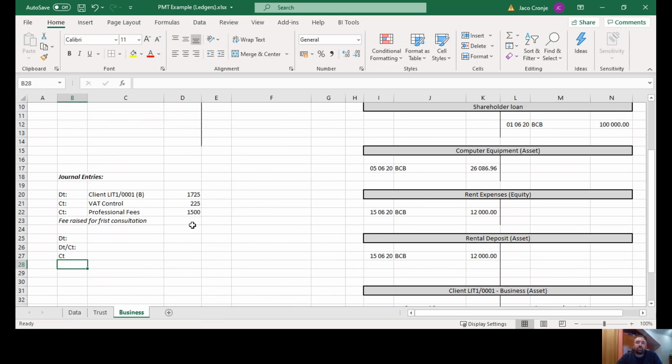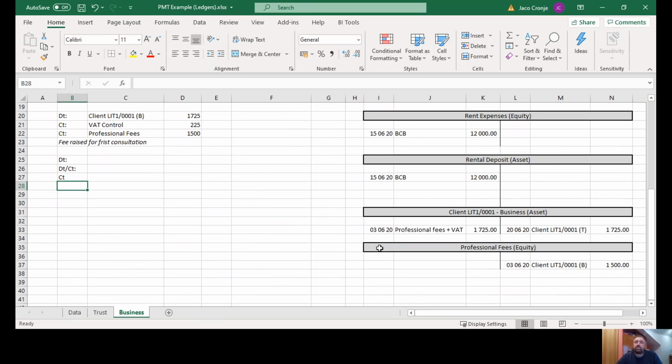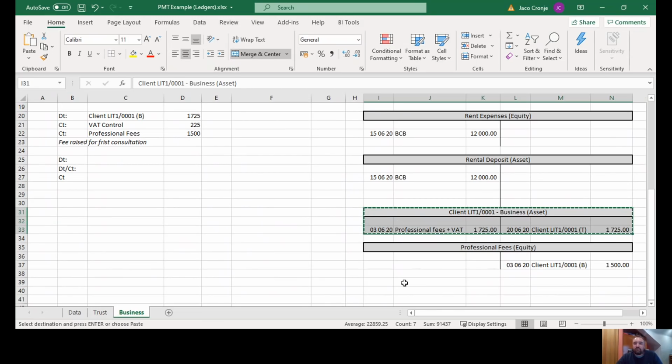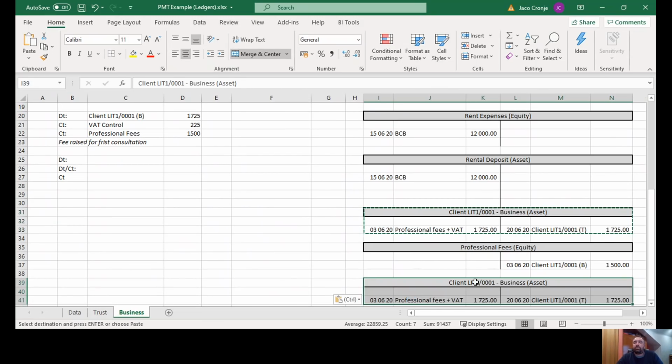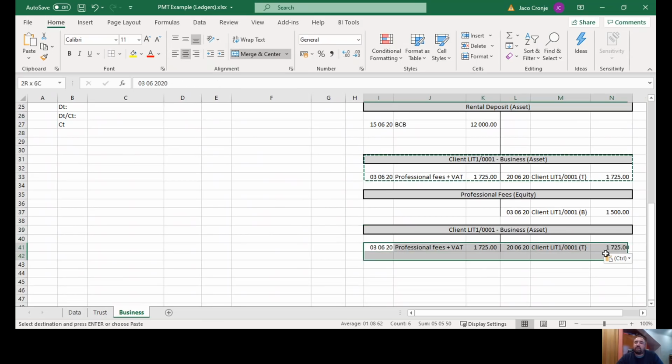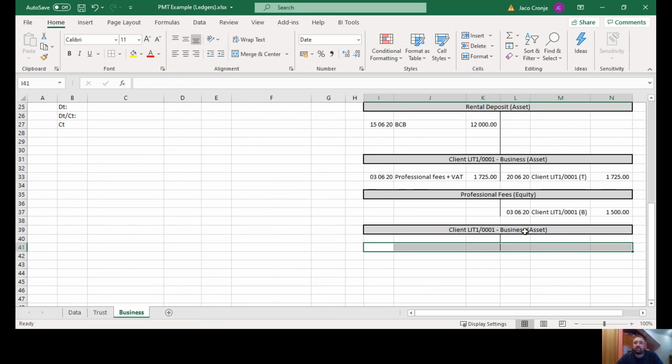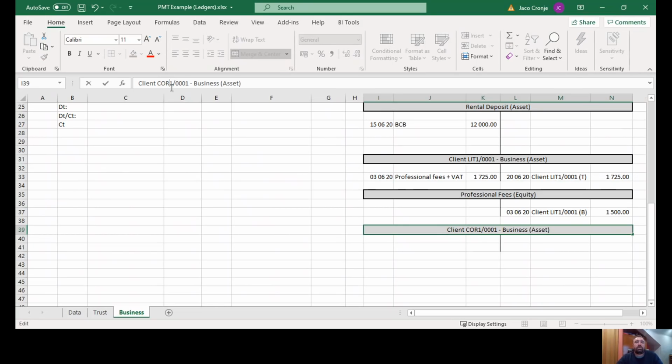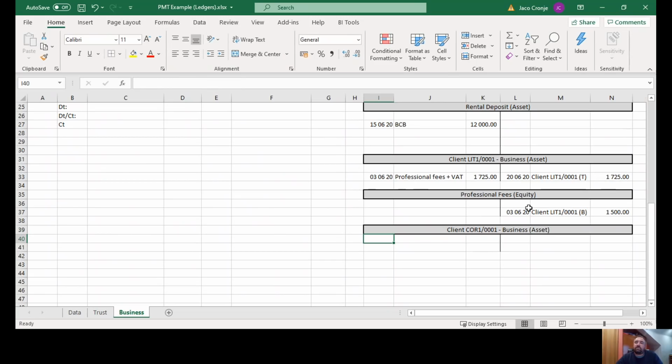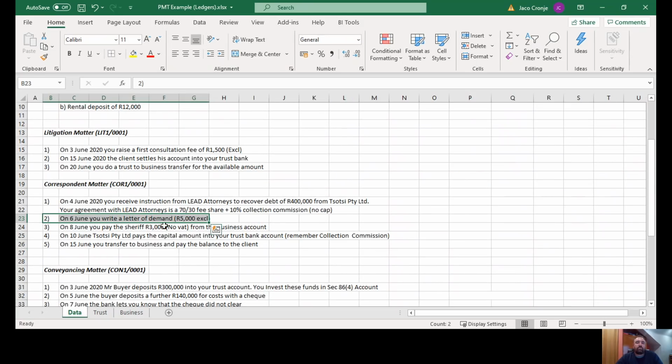So the moment I do work for a client, will I receive value from them in future? And the answer is yes. In other words, I have generated an asset. So I'm going to open up client LIT, and this is matter COR11, business and asset. How much am I going to debit him by? 5,000 Rand, or do I need to include the VAT on top of that?